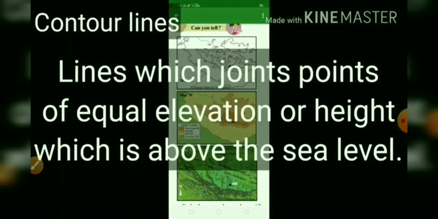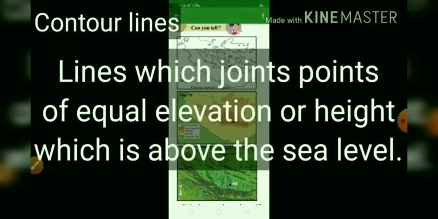Contour lines: lines which join points of equal elevation or height above the sea level. A contour map is a map illustrated with contour lines. For example, a topographic map which shows valleys, hills and steepness and gentleness of slopes. Every point of a contour line has the same elevation. It separates uphill from downhill.